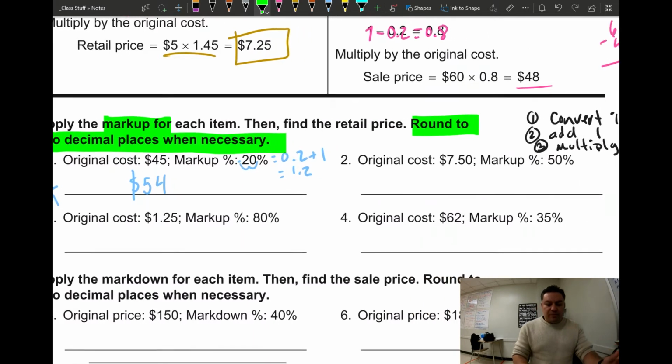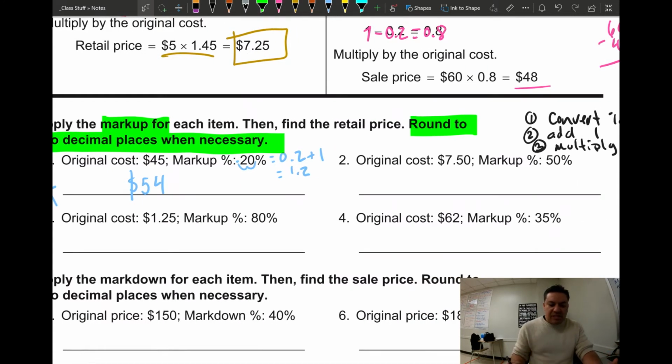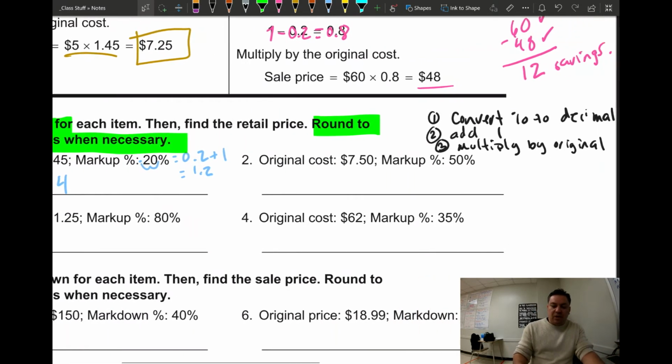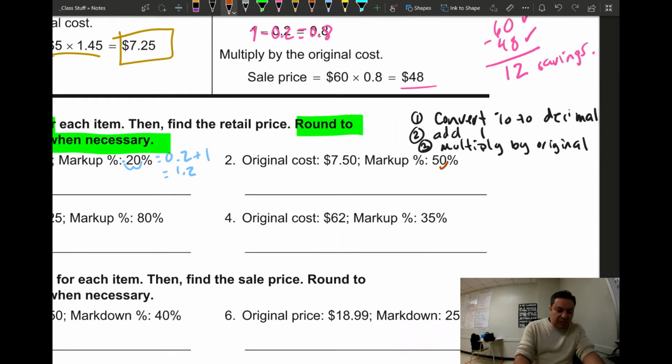Number 2, original cost, $7.50, markup by 50%. Now, some of these things you might be able to do in your head. 50% is half. So all you have to do is add half of the price to the $7.50. But we're going to do it using the same steps. First step, convert to decimal. Add 1.